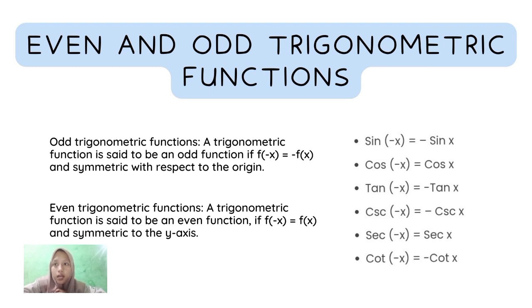Cosecant(-x) equals -cosec x. Secant(-x) equals sec x. Cotangent(-x) equals -cot x. Cosine and secant are the even trigonometric functions, whereas sine, tangent, cosecant, and cotangent are the odd trigonometric functions.